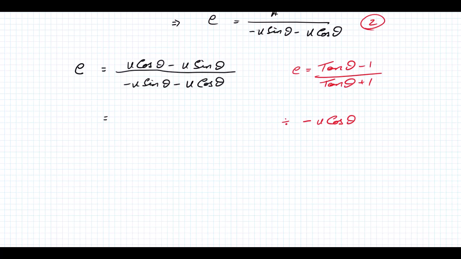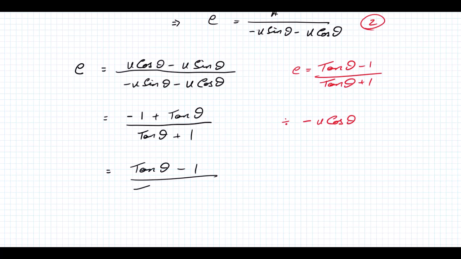So here we're going to end up with minus 1 plus sine divided by cos, which is tan theta, and then here we'll end up with just tan theta, and plus cos divided by cos is 1, so that's just going to be 1 here. If I just switch that around, we'll end up with tan theta minus 1 divided by tan theta plus 1, and that is it. That's what we had to derive.